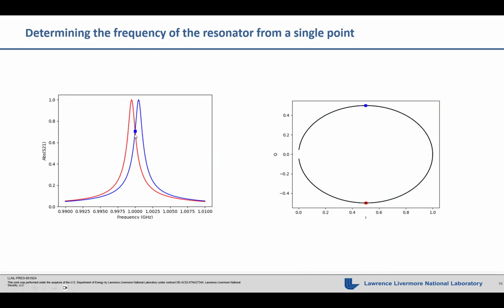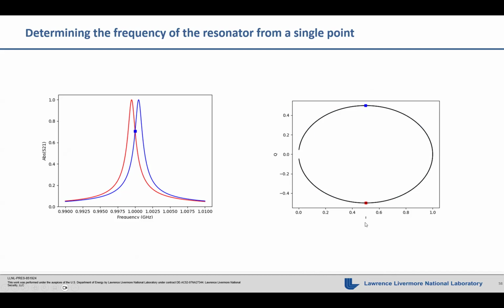So if I choose a frequency, for example here, where they both overlap, where the amplitude is the same, and I look on the IQ graph at the amplitude and phase of the returned probe, I get a point that's shifted, not in amplitude, but the phase changes by a significant amount.